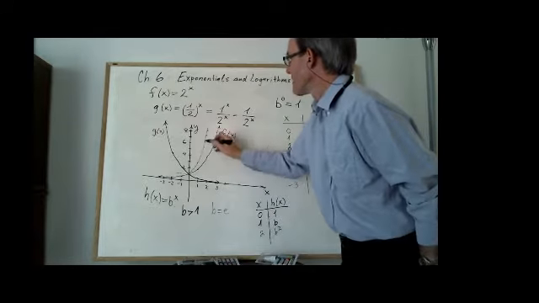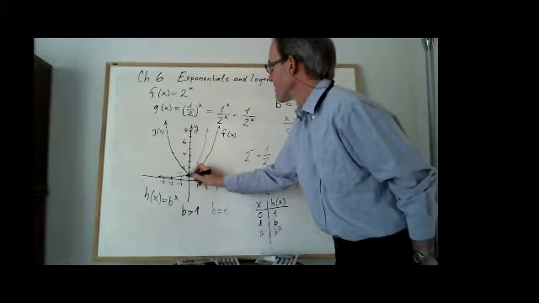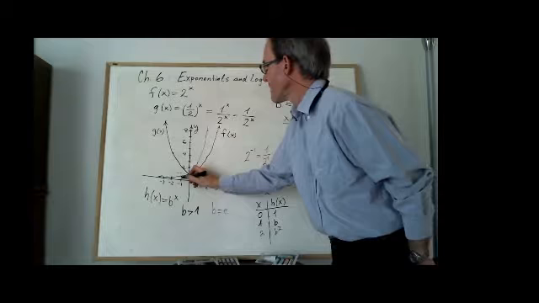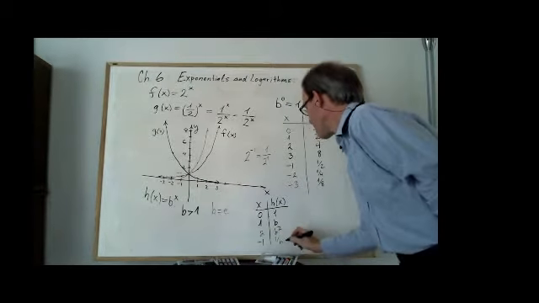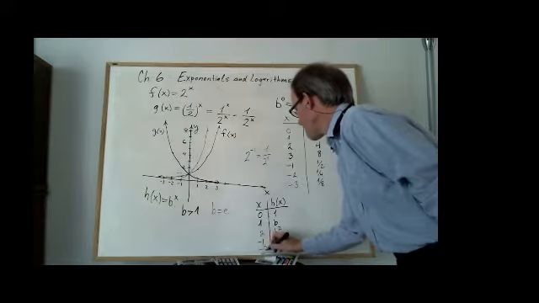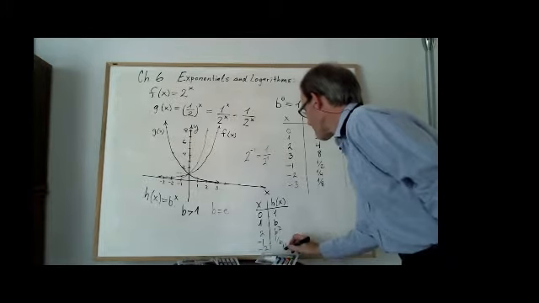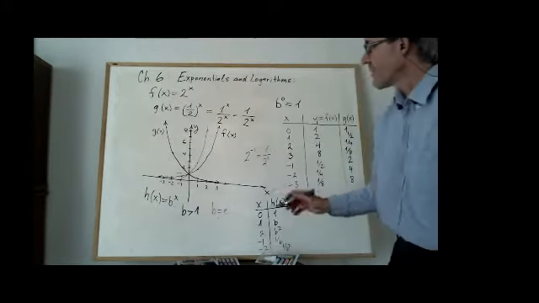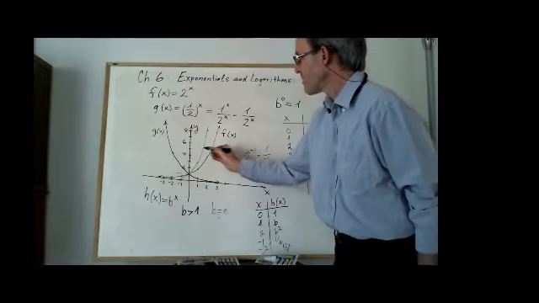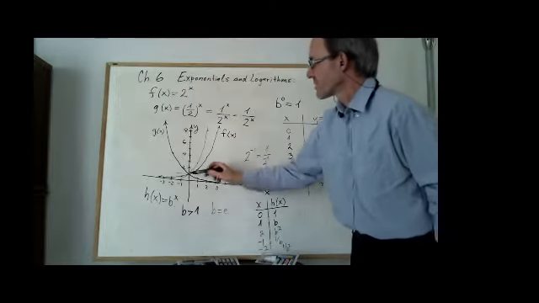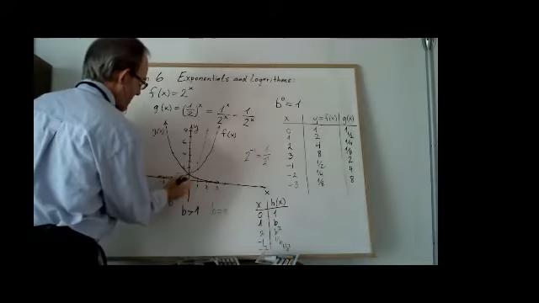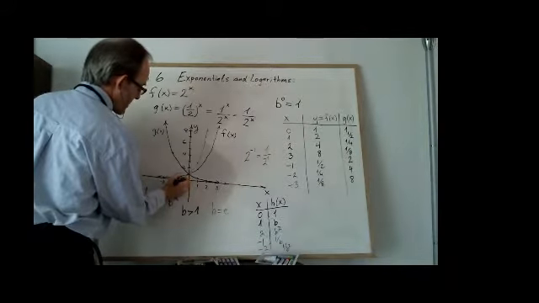On the other side, at minus 1 it's 1 over b, here 1 over e, and at minus 2 it will be 1 over b squared. So here it's going faster towards 0 than in the previous function, 2 to the power x, when x goes to minus infinity.